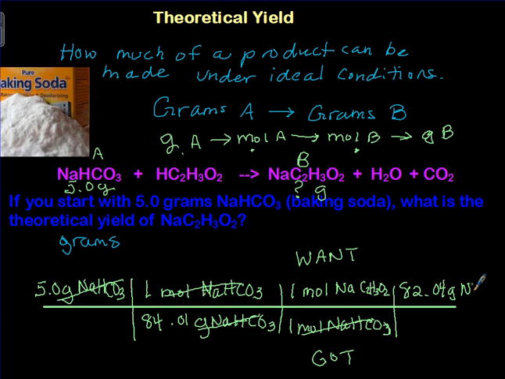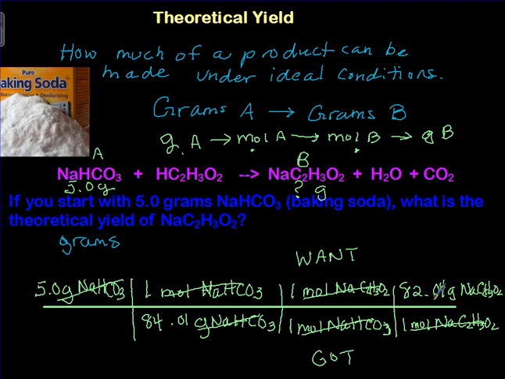And that is NaC2H3O2. So that's the grams I have in 1 mole of that. So my moles of sodium acetate cross out, and I'm left with grams of sodium acetate.